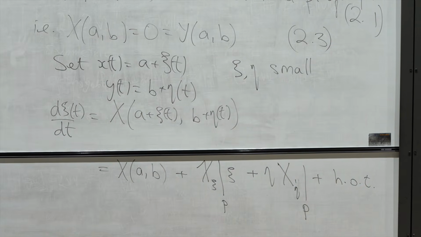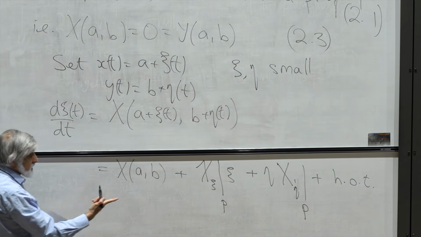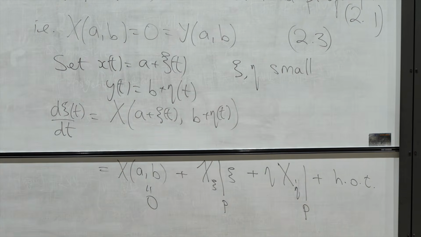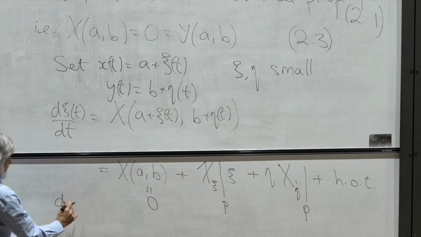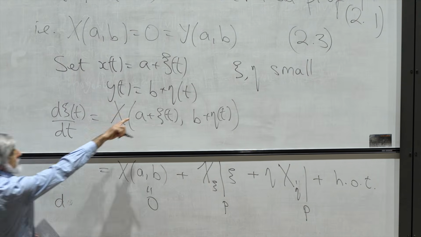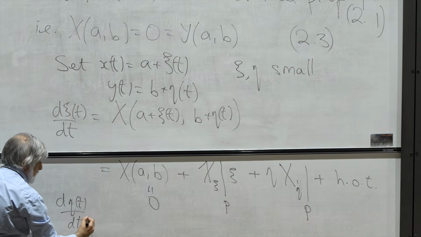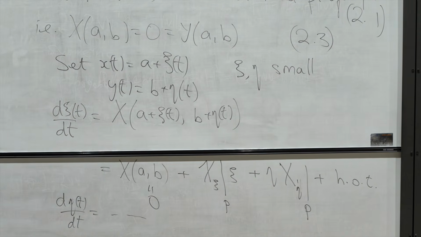And (a, b) is a critical point, so that's 0. And we do the same for dy. dy by dt is just d eta by dt, and we do the same thing.